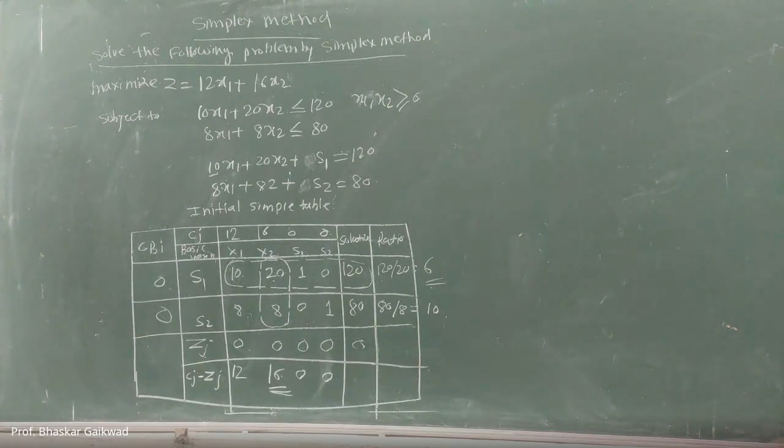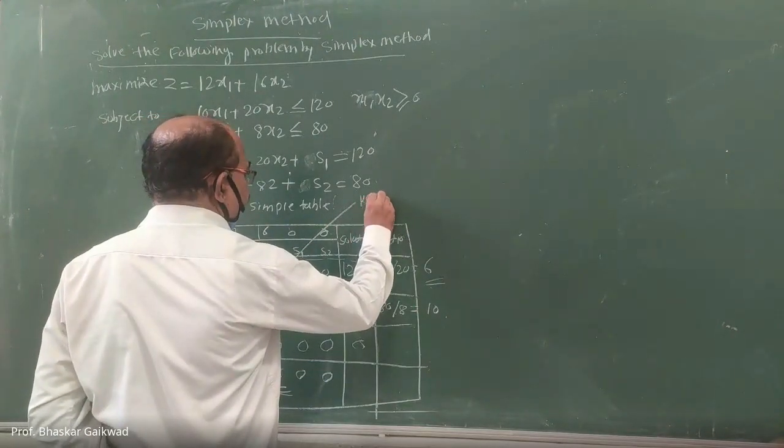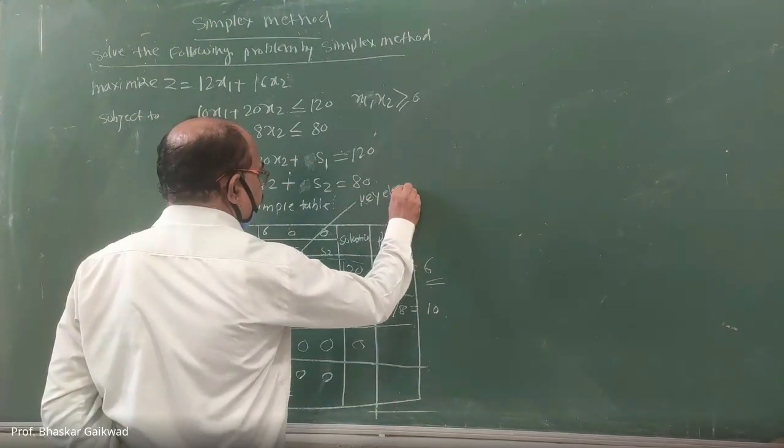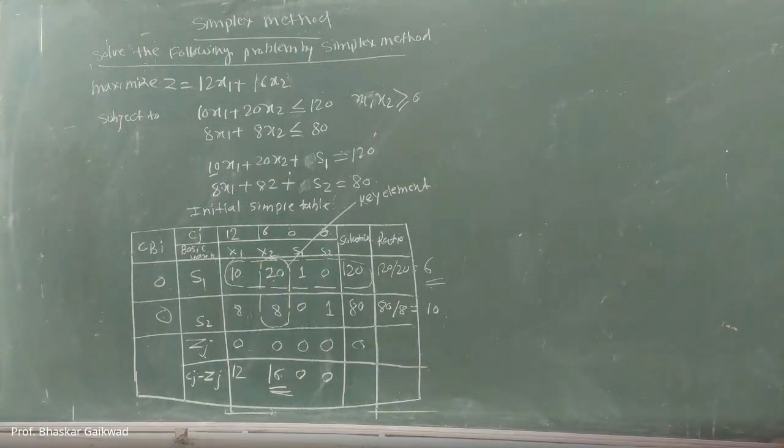And the intersection of key column and key row, that point is called the key element. So this is your key element. Correct. So first find the key column and key element.